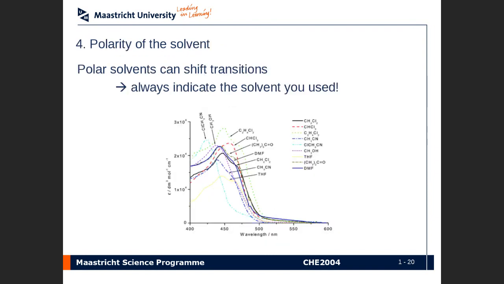And solvents can also, in fact, affect the position of the absorption. So here you can see we have a specific analyte that we're analyzing, and we've analyzed it in various different solvents: dichloromethane, chloroform, acetonitrile, THF, methanol, DMF, dimethylformamide, and so on.